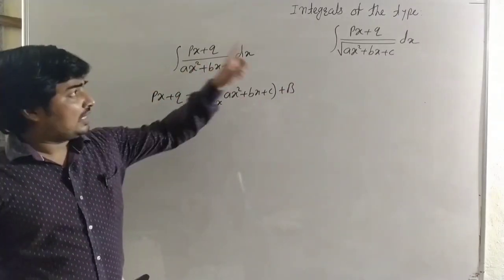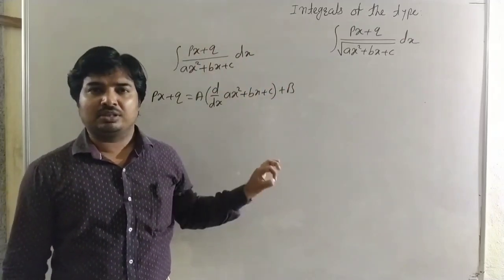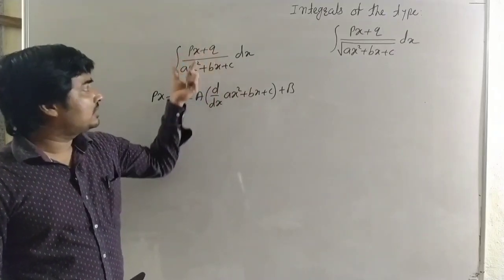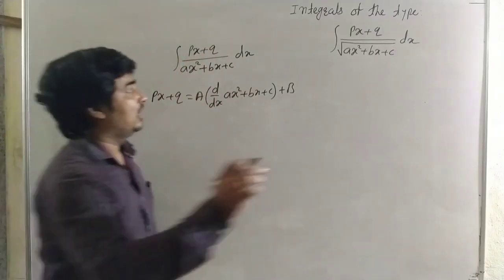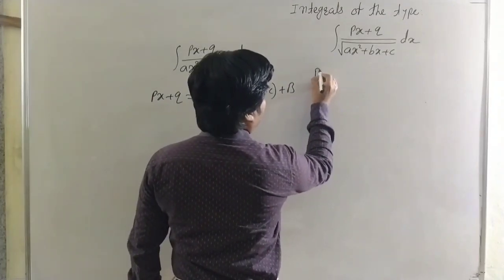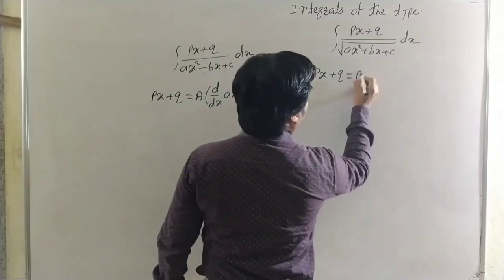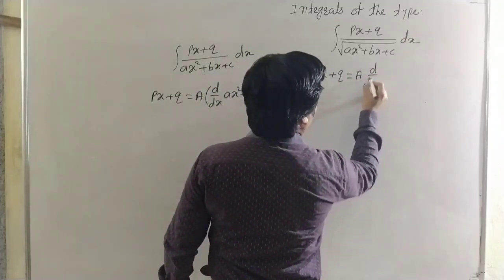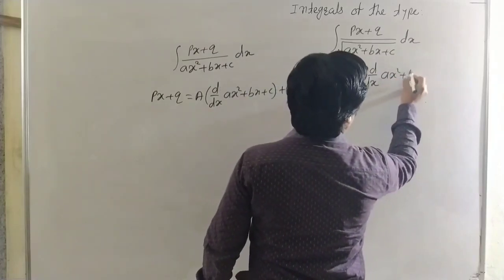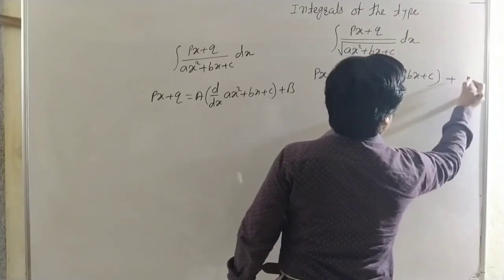Now in this lecture we see a linear function upon under root quadratic function, and the process is the same as for a linear function upon a quadratic function. Again the solution method: the linear function px plus q is equal to A into the derivative of the quadratic function, that is ax square plus bx plus c, plus B.